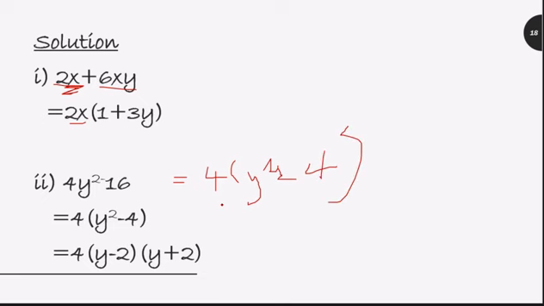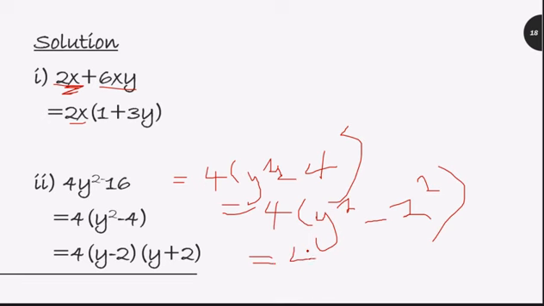So it is equal to 4 open bracket, this is a difference of two squares, so you are going to have y plus 2 and y minus 2. I used to solve these types of questions frequently when I was doing JETs in grade 9, and especially on quizzes and in Olympiads.